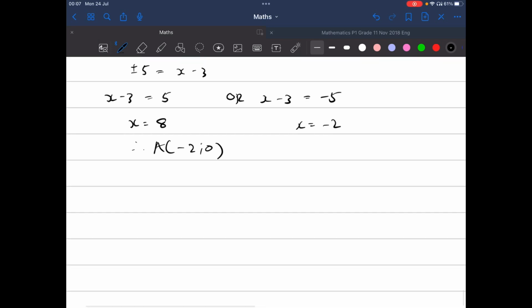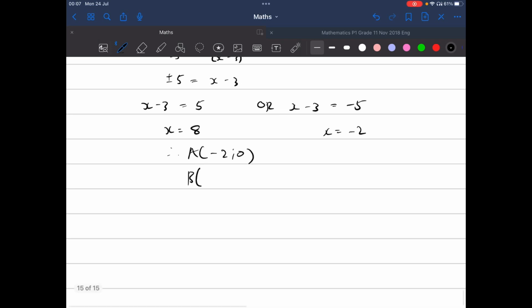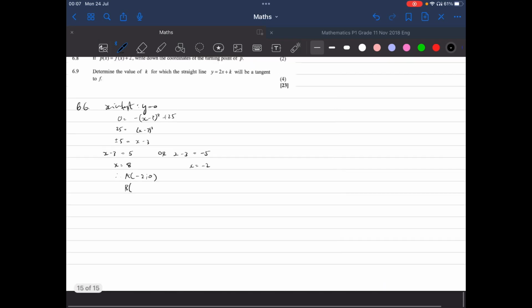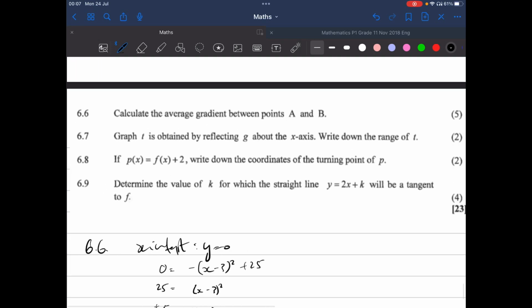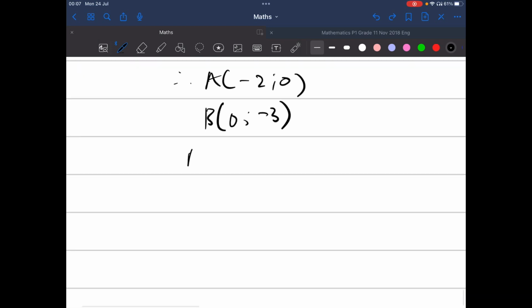And we already knew B was at (0, -3). The question says the average gradient between that. So the gradient of AB is equal to change in y over change in x.